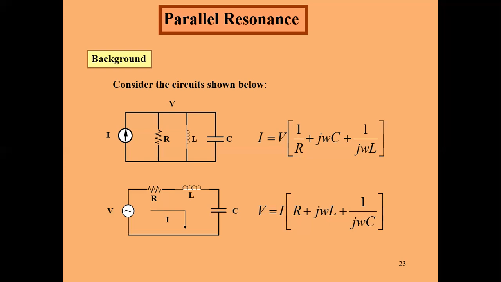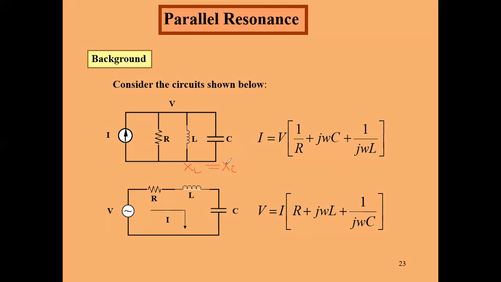Parallel resonance occurs when XL is equal to XC, that is, when the inductive reactance is equal to the capacitive reactance.